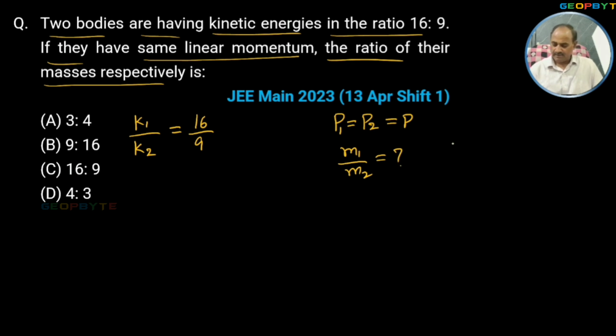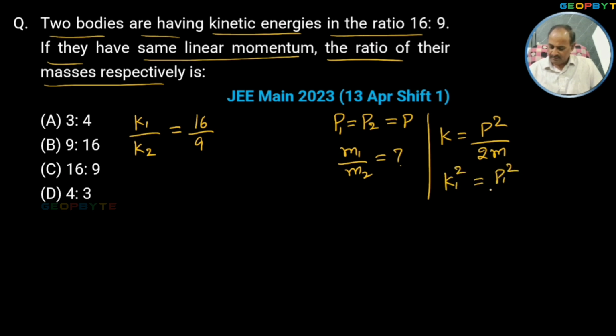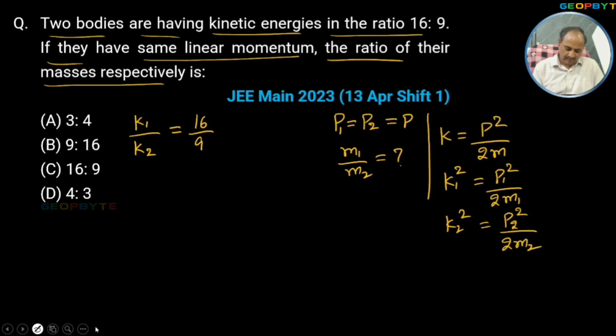Very simple problem. As you know, kinetic energy K equals P square by 2m. Then K1 equals P1 square by 2m1, and K2 equals P2 square by 2m2.